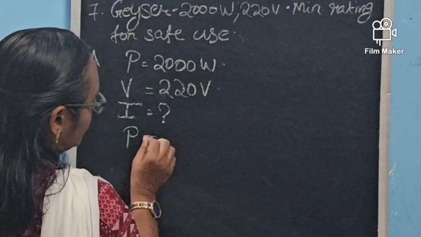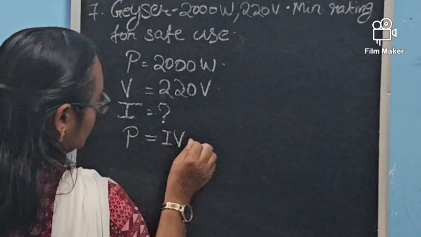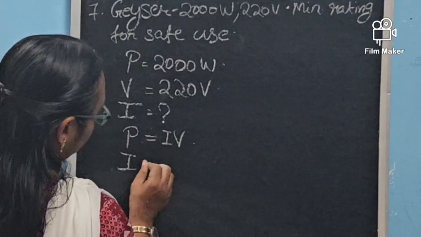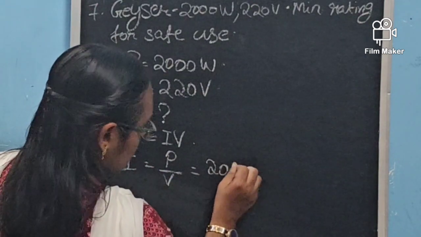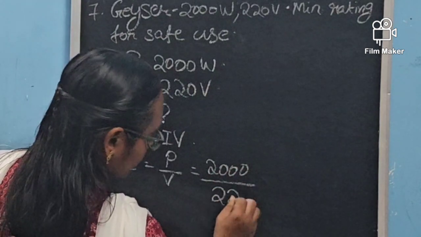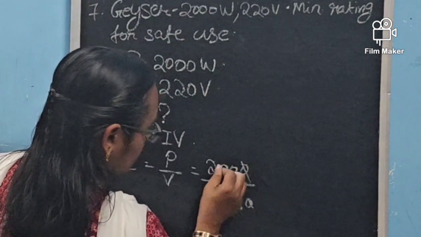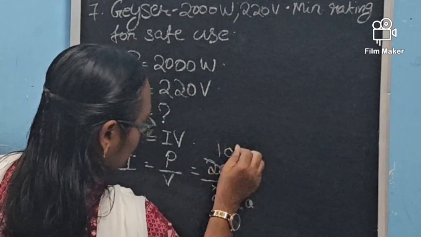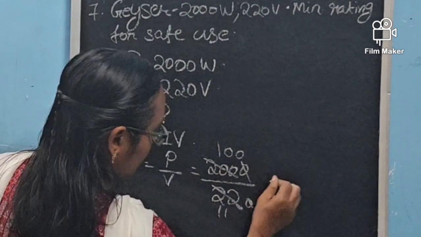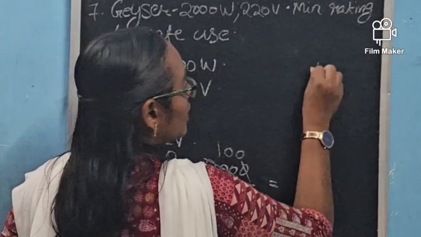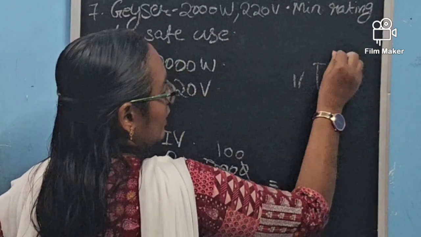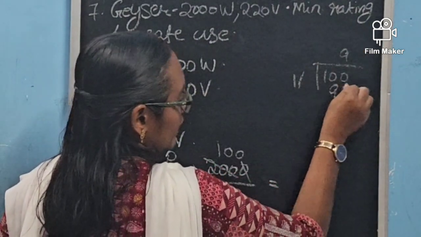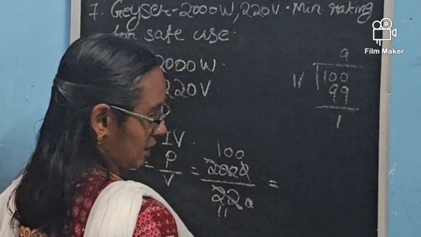We know P is equal to IV, isn't it? So I is equal to P by V. That is 2000 divided by 220. Right? 111. In 110, 9 times you will get 99. Remainder is 1.